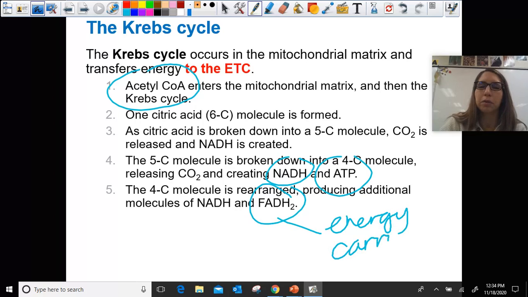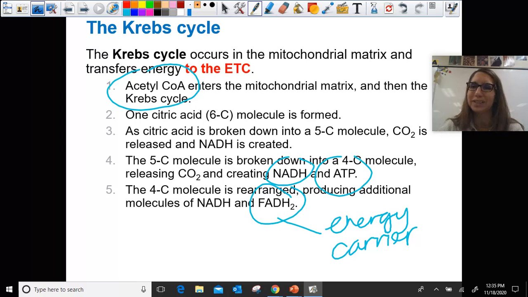If you remember what we did in chapter 9 when we talked about energy carriers between the light-dependent, the first stage, and the light-independent, the second stage, I had 2 energy carriers. We had NADPH and we had ATP. Here we also just have 2. We have NADH and FADH2. ATP itself in this type of series of reactions is not an energy carrier. It is like the end goal.